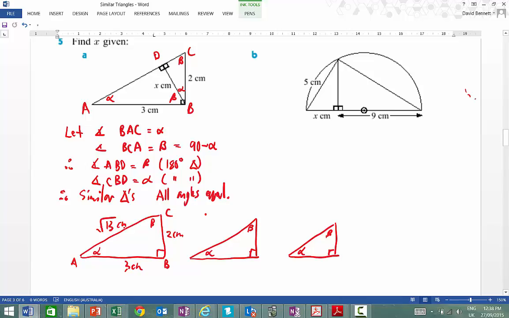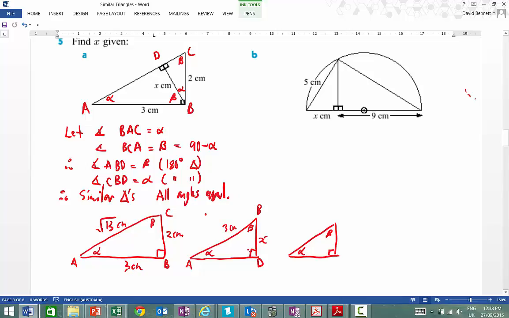Alright, the next one I'm going to do is where the right angle is, that's D, and I've got the side where alpha and beta, that's going to be AB, alpha beta, so that's A and B. Right, so we know that this side over here is 3 centimeters. This is going to be X.